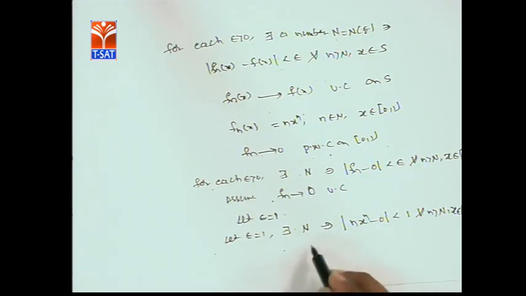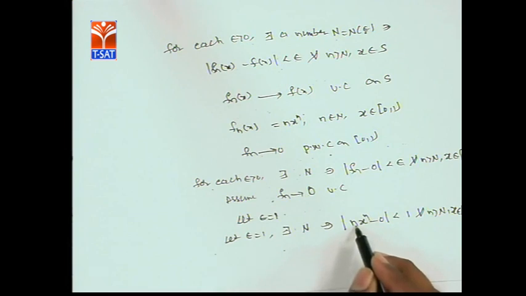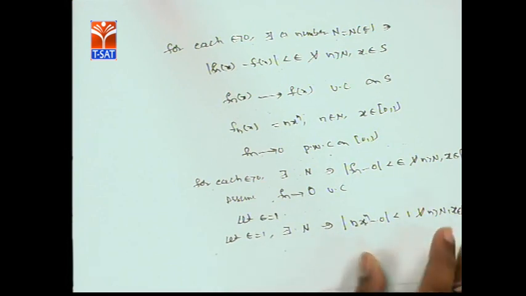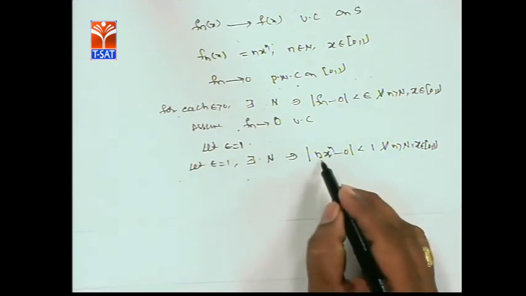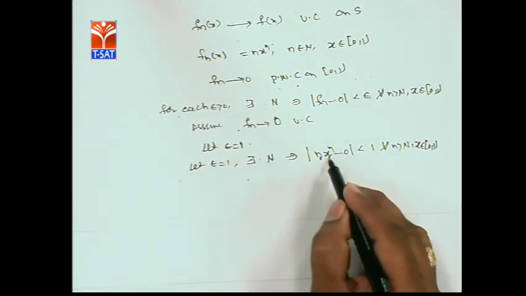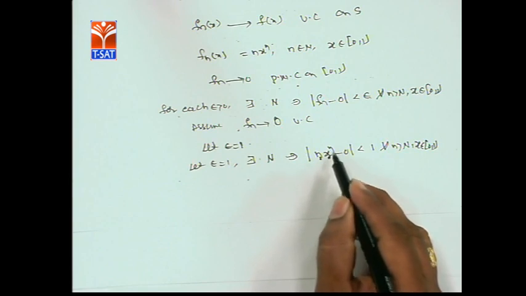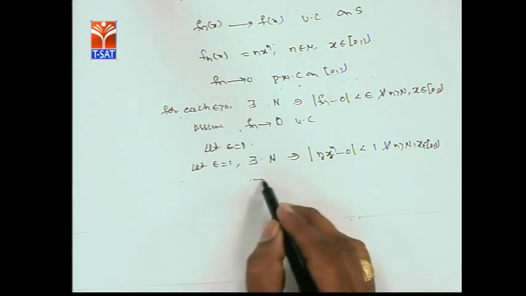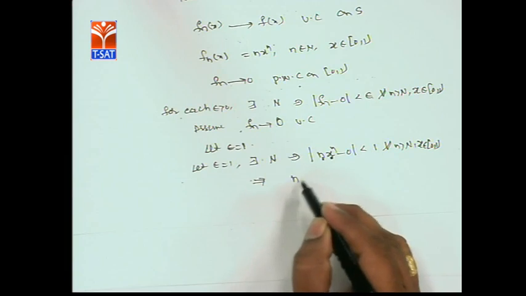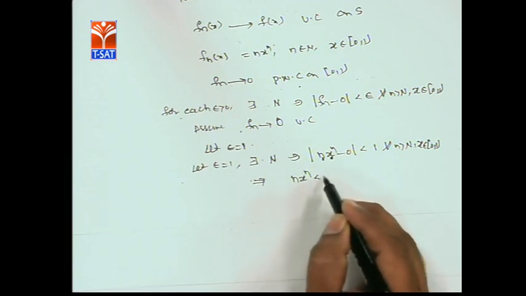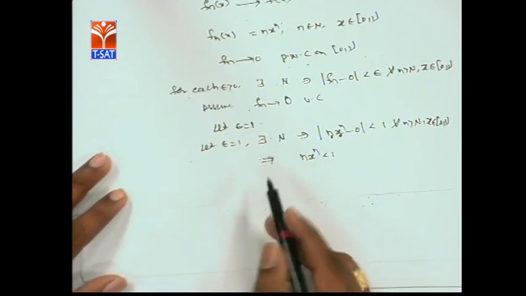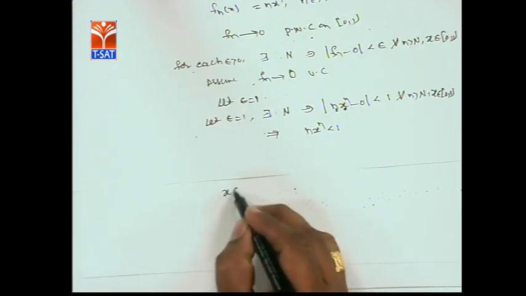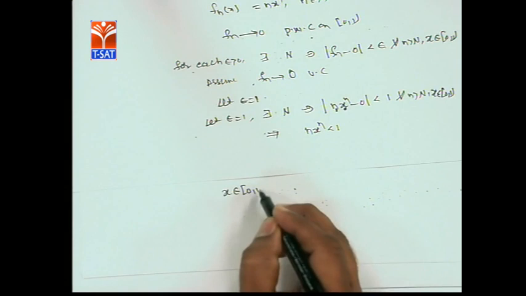Here n is a natural number and x belongs to [0,1), therefore this is positive, hence it can be written as n x to the power of n less than 1, where x belongs to [0,1).